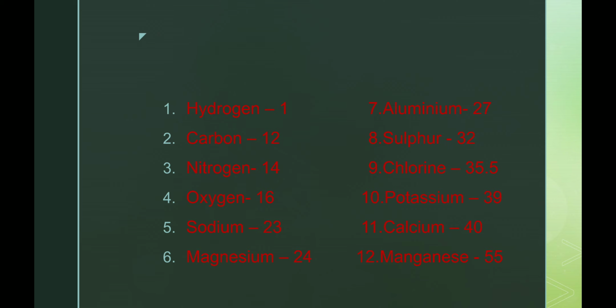Similarly, here atomic mass of an element is measured in terms of AMU. As I told you, these numbers, atomic mass of each element, imply that particular number with AMU. The first element hydrogen 1 implies hydrogen 1 AMU. Similarly, carbon 12 AMU, and it goes on.